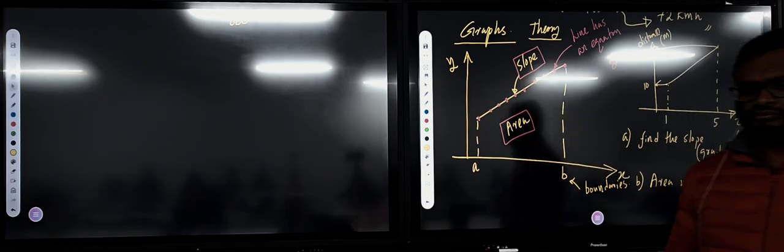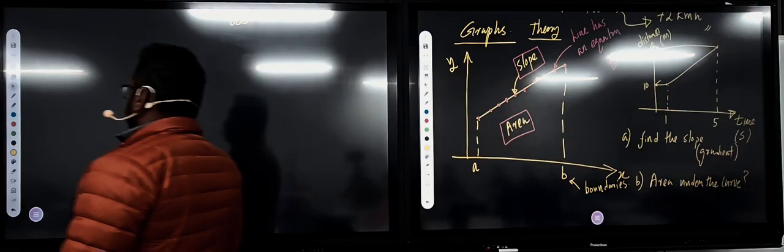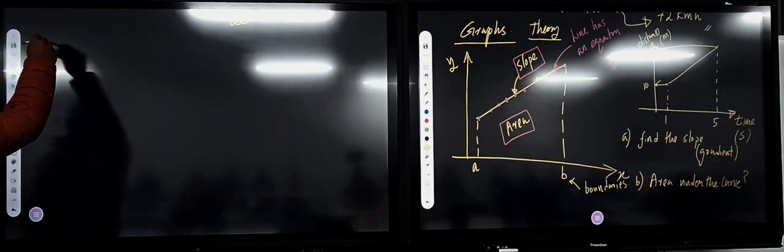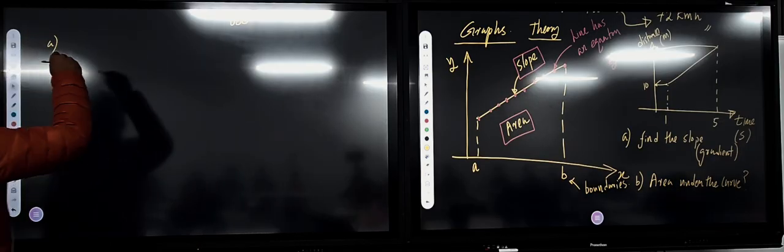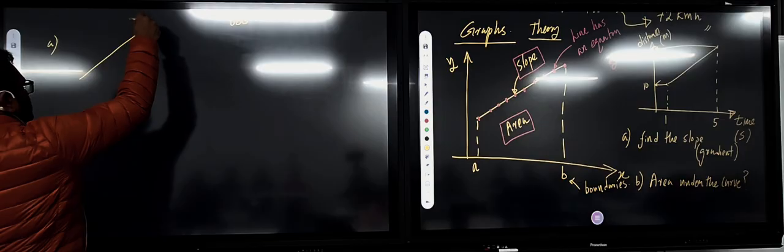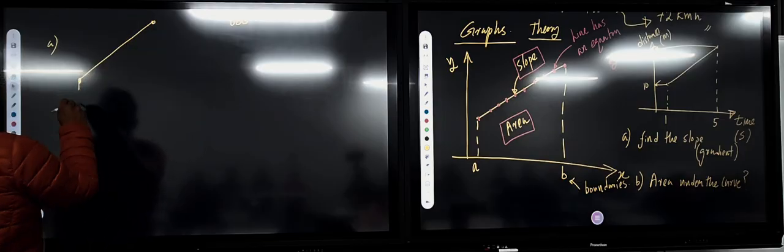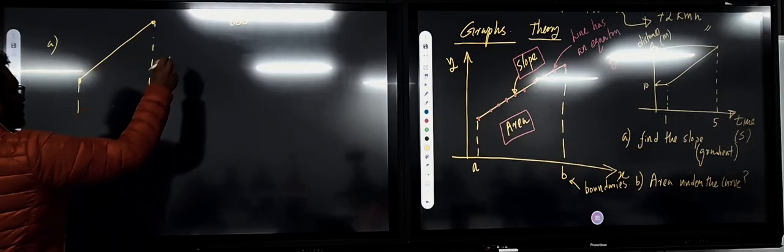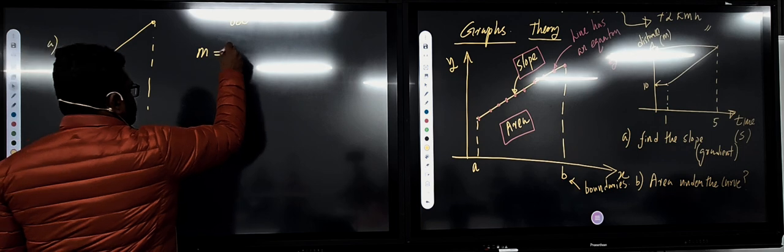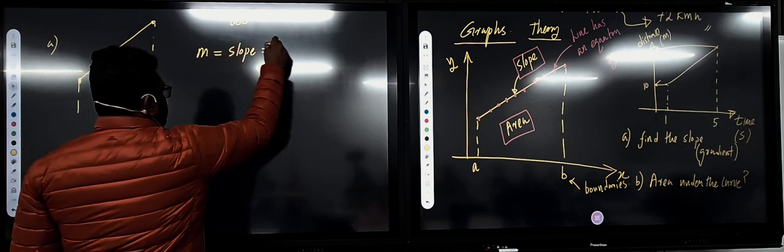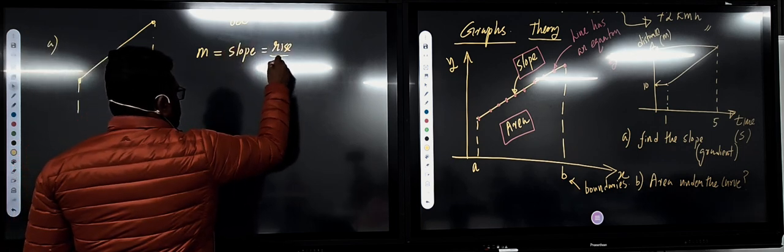Okay, done? Yeah. So, first one, slope of this one. Slope is m. How do you find it? Rise over run, we call it, right?